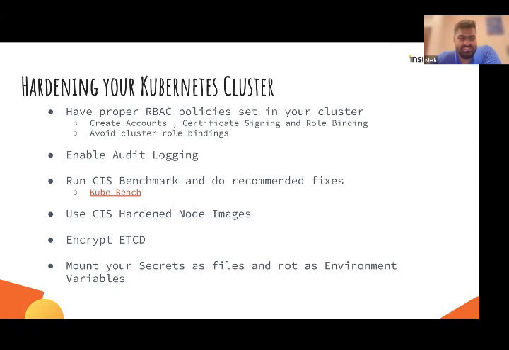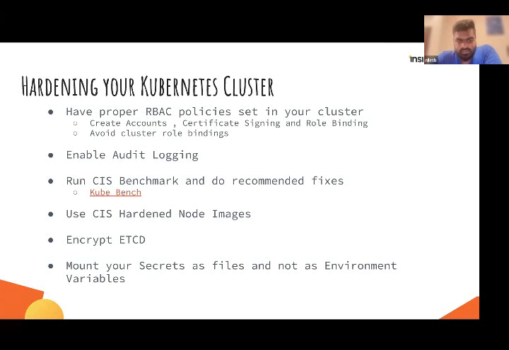But the problem is all of them are using the same login. If somebody does something bad, we don't know who did what. It's bad. We can easily create accounts and do things. If it's managed Kubernetes, it's done by your cloud provider. But if you're using Rancher or something, there are tools that enable you to connect your AD and do that.